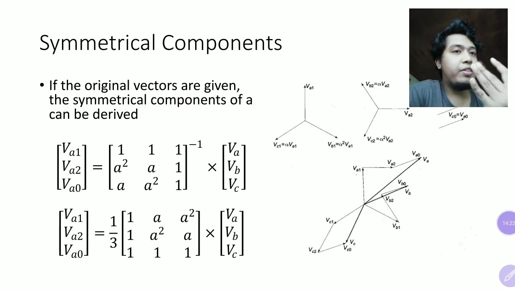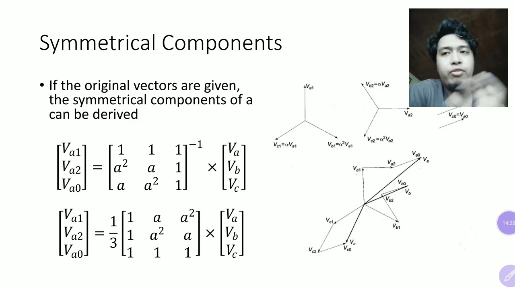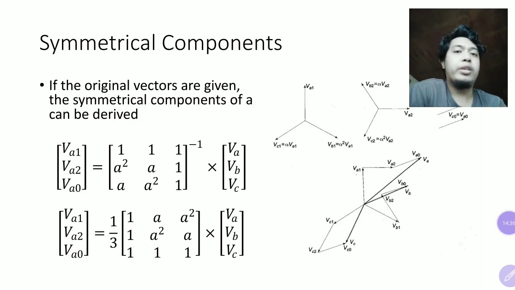Therefore, each of these can be represented in individual single line diagrams. So if you have an unbalanced network, it's basically the sum of 3 balanced networks. So you have 3 single line diagrams. So yeah, that is how we are going to approach unbalanced, unsymmetrical faults.